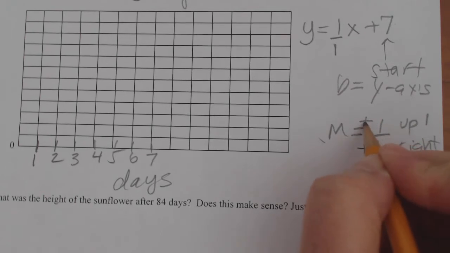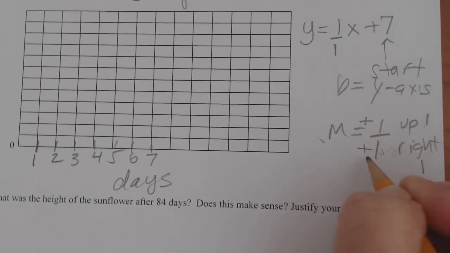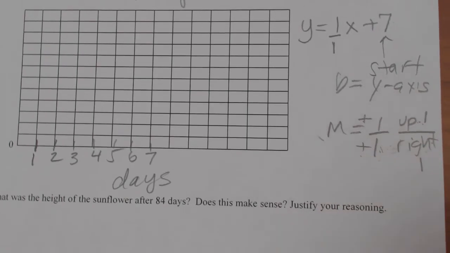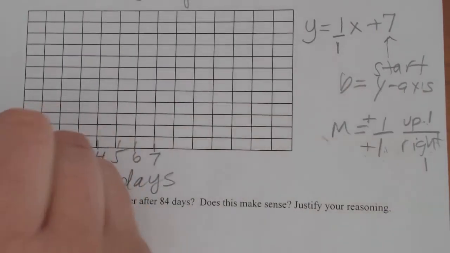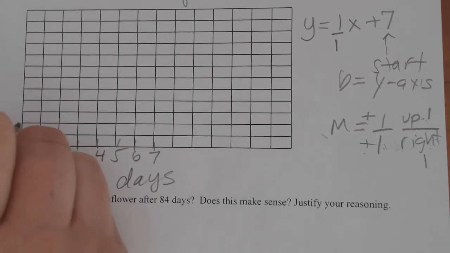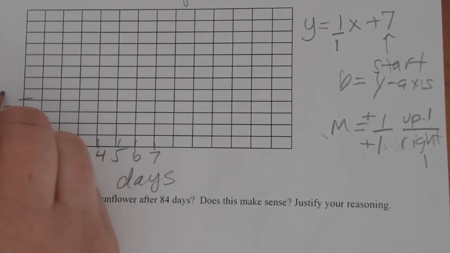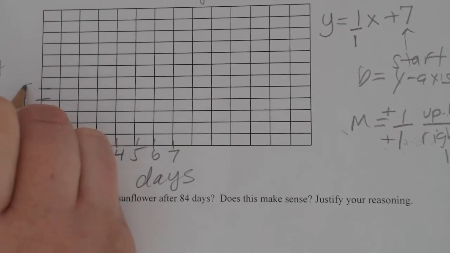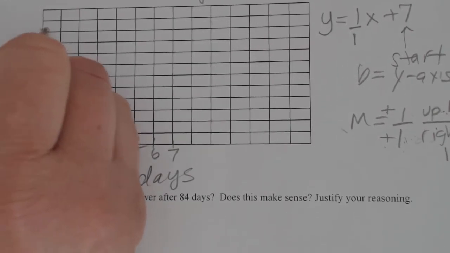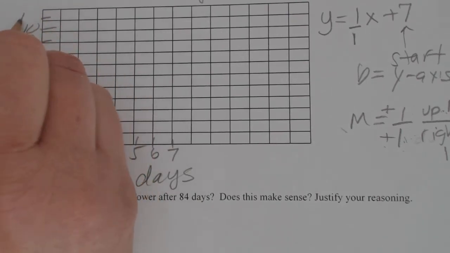Because this is positive, we're going to go up 1. Because remember, this is the y and this is the x. So what I'm going to do is, I believe we need 7 on here. So I'm just going to count by ones. 1, 2, 3, 4, 5, 6, 7, 8, 9, 10, 11.